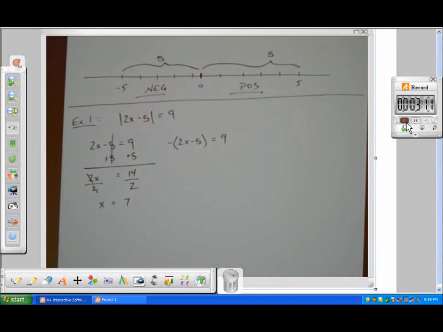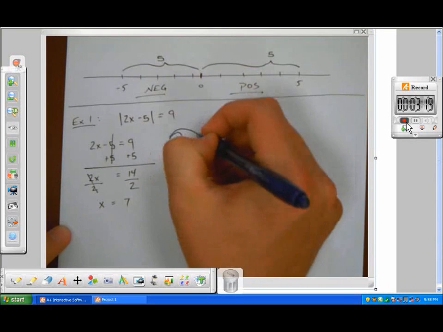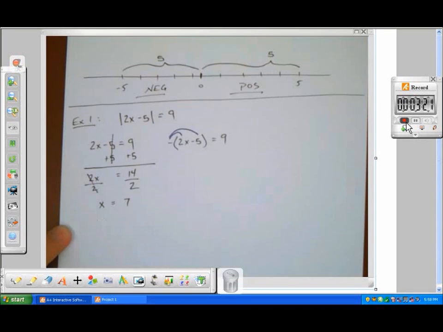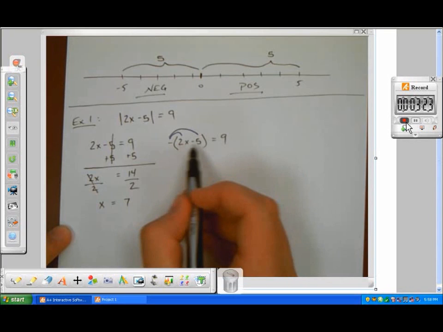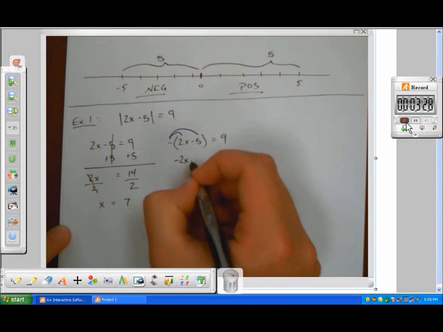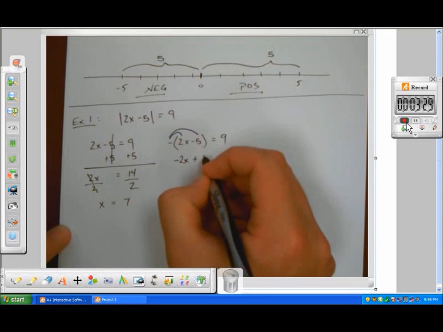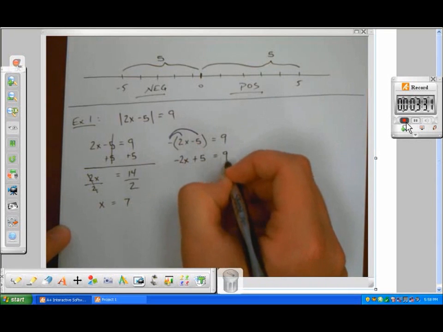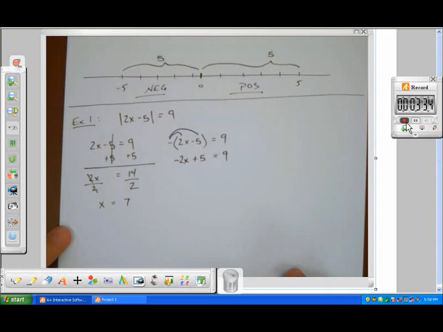Now it's time for me to work with the negative possibility. I need to, with the negative on the outside, distribute the negative sign. And what that does is it changes the sign of everything inside the parentheses. So I have negative 2x plus 5 is equal to 9. And now I solve it like a regular equation.